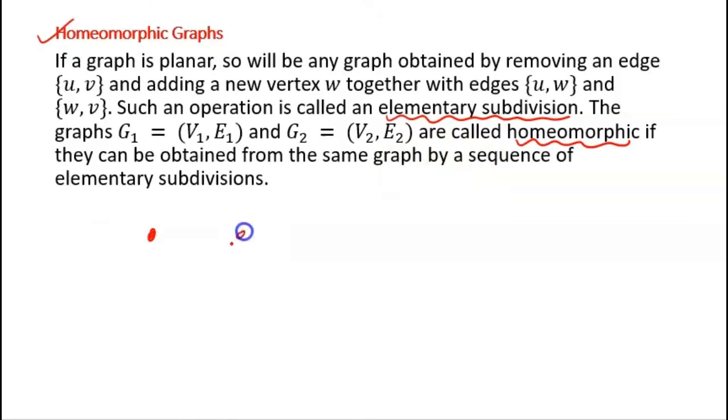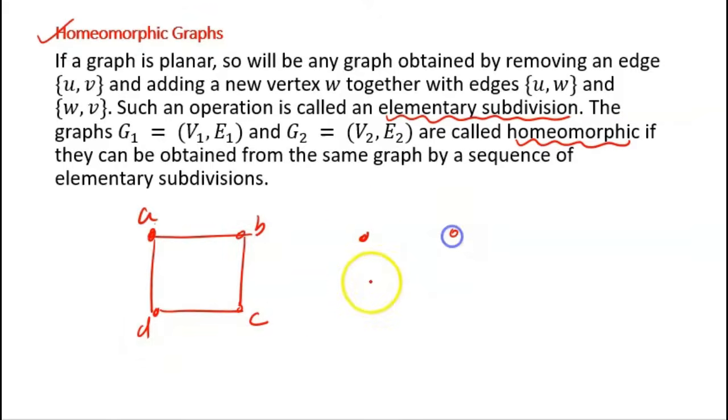So ladies and gentlemen, it is always better to take examples to understand things. Suppose I take a graph with vertices A, B, C, D. First of all, let us understand what an elementary subdivision is.